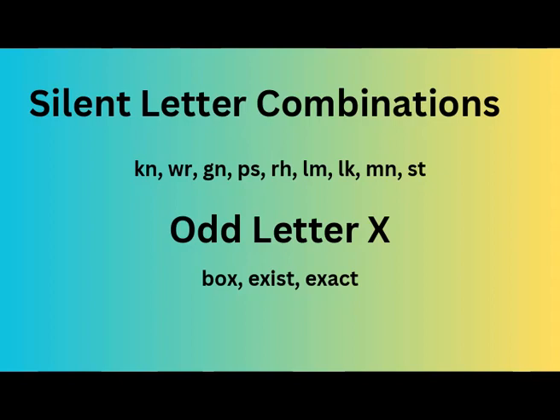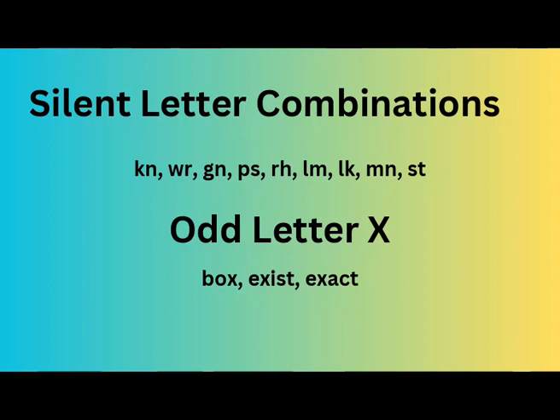It's spelled with a K-N, but we only hear the N sound. Wrestle, spelled with a W-R, but you only hear the R sound. So the W is silent. Gnat is spelled with G-N, but we don't hear that G sound. We just hear the N. Psychology is a PS, so the P is silent. We only hear that S.